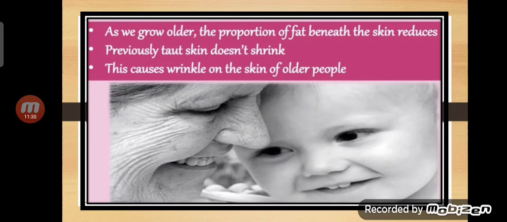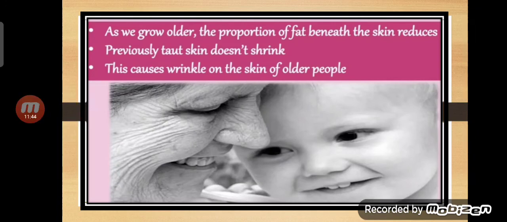The proportion of fat under the skin, what does it do? Yeah, it reduces. However, the skin which is present does not shrink. So, this causes the wrinkles on the skin of older people. Okay, children?